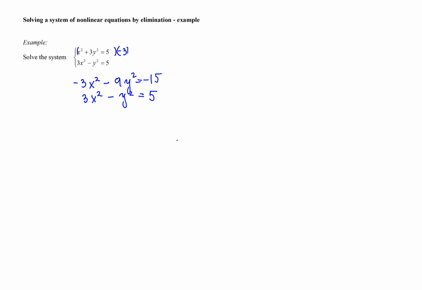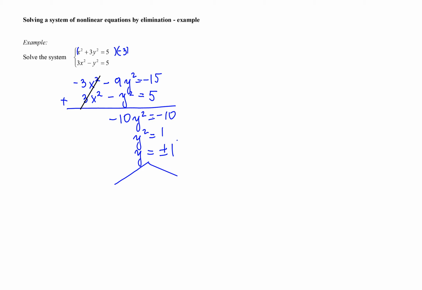The coefficients of x squared are opposite numbers, therefore if we add those two equations, the x squared terms are going to be eliminated and we are left with just -10y squared is equal to -10. That means that y squared is equal to 1, and that means that y is equal to plus or minus square root of 1, which is 1.